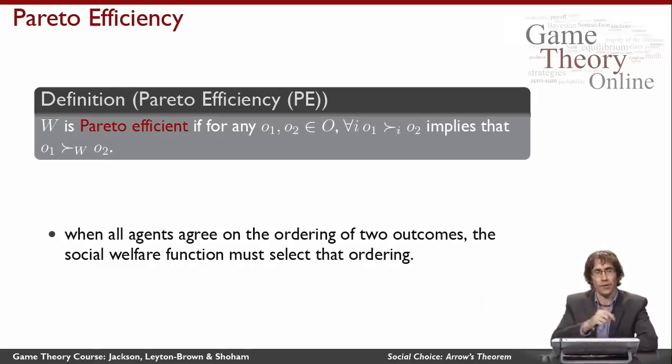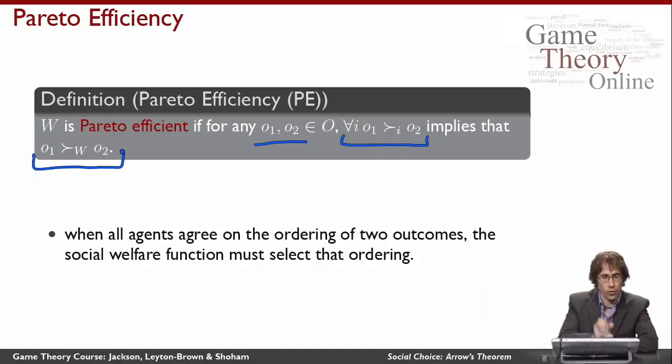If even one person feels differently, this doesn't restrict us at all. So formally, I'll say that a social welfare function W is Pareto efficient if for any pair of outcomes O1 and O2 from the set of outcomes, if it's the case that for all agents i, outcome 1 is preferred to outcome 2, then it must be that the social welfare function also chooses O1 preferred to O2.